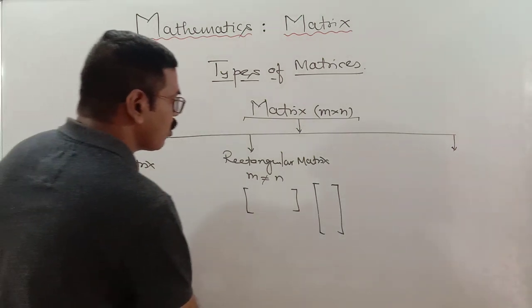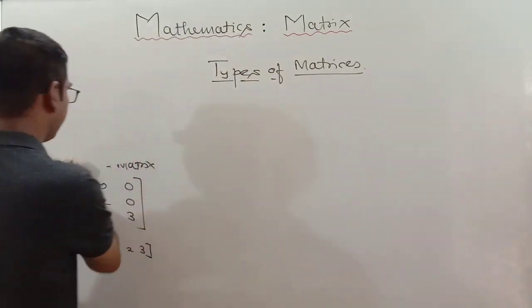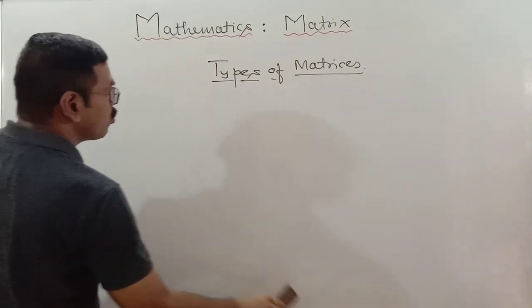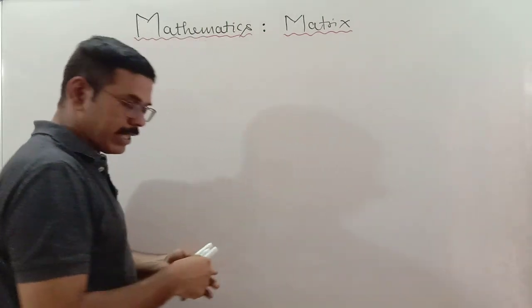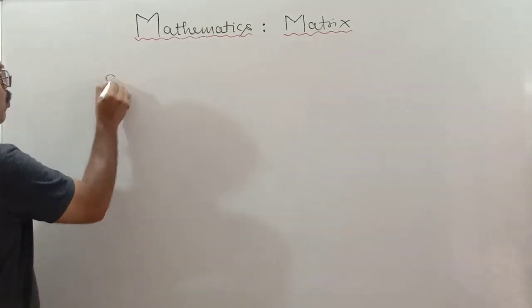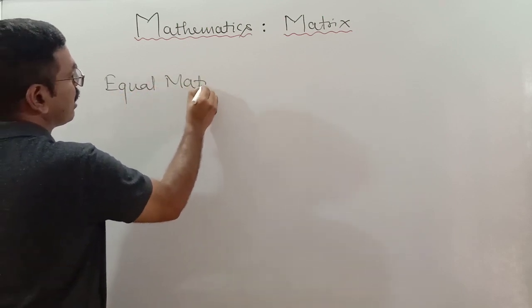Now we are coming to the equal matrix. Sorry, equality of two matrices. So we are writing the definition of equal matrices.